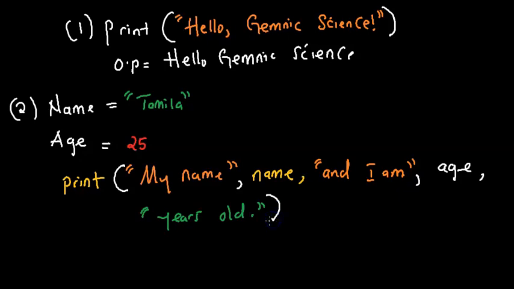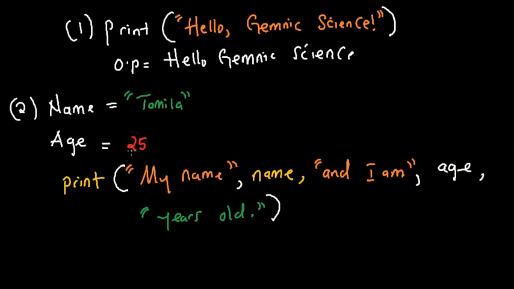So before we see the output of this, there is something which I need you to understand. Here we have double quotation Tamila, which is from the beginning. And notice that this stores the text Tamila in a variable which we call name, and the age, which is 25, is stored in a variable which we call age.